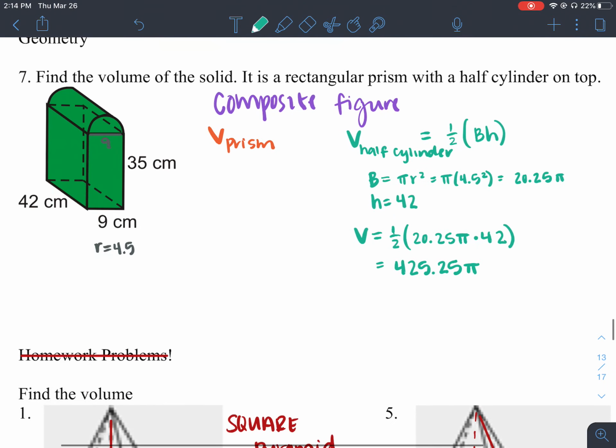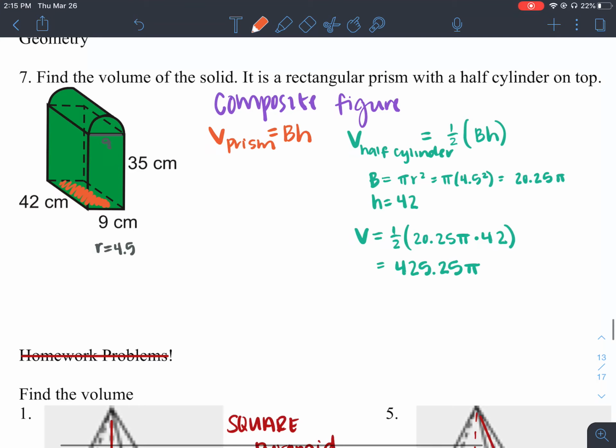If I go back and look at the prism, I can think of the prism as its own complete separate figure. It's a rectangular prism, so it's easiest to think of this bottom side that we're sitting on as the base. The volume of a prism is area of the base times the height.